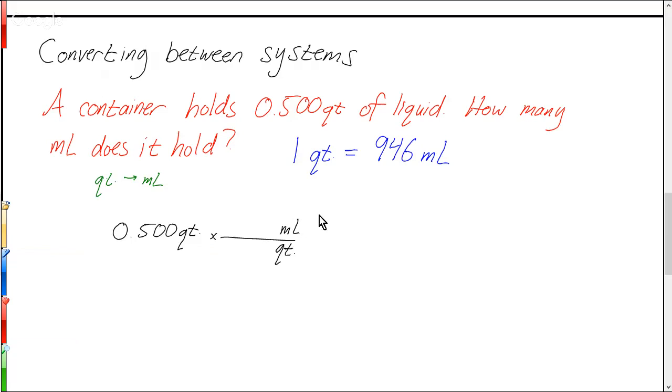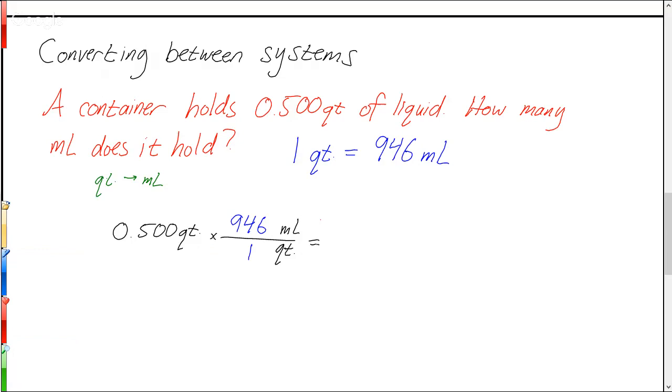So now we need to fill in the numbers. Which number goes with which unit? The 946 goes on top? That's right. We keep it matched up exactly the same way it is in the equality. So the 946 is with the milliliters there, and stays with the milliliters here. Now we evaluate it.